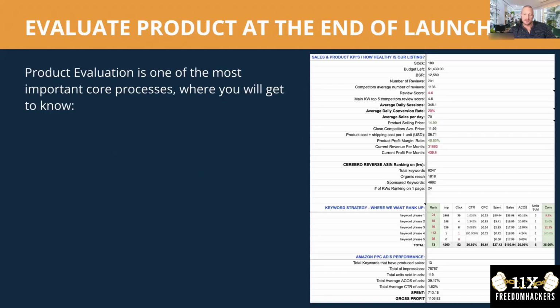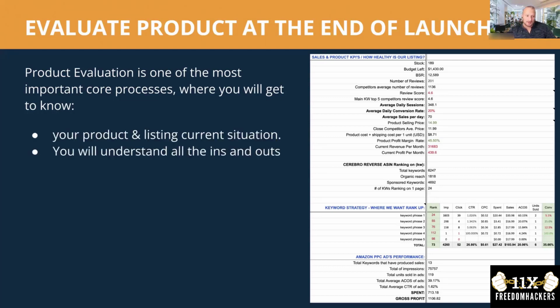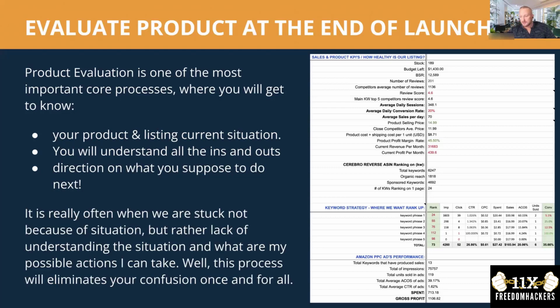This is like taking your product to the doctor and checking: do I have something wrong with my listing and my product? How well does it do? It's the situation of your current product, and you will understand the ins and outs and the directions of what you're supposed to do next. Often on Amazon, if you don't know what to do, then you just don't understand the situation and the possible actions you can take.